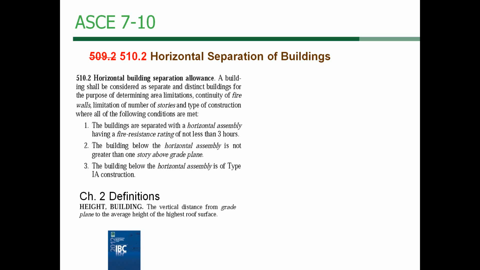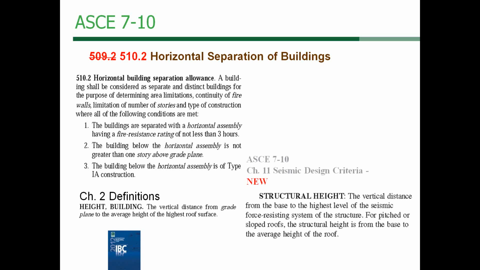So this kind of gives you a sense of that provision as spelled out in ASCE 7-10. Another thing to reiterate is that for light frame, the structural height limit is 65 feet. And there again is that new provision that defines structural height in ASCE 7-10.